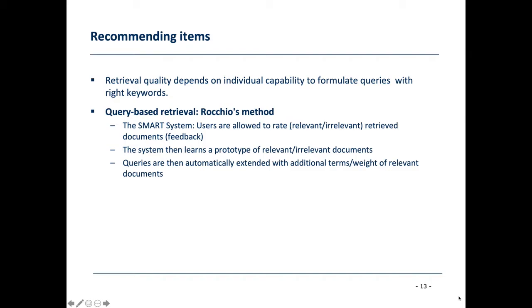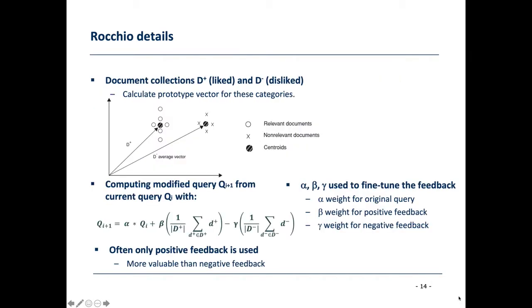And then in this system, queries are automatically extended with extra terms in order that we can end up with a mixture of things which are relevant and potentially historically irrelevant.